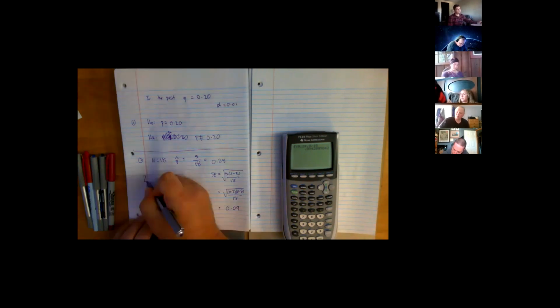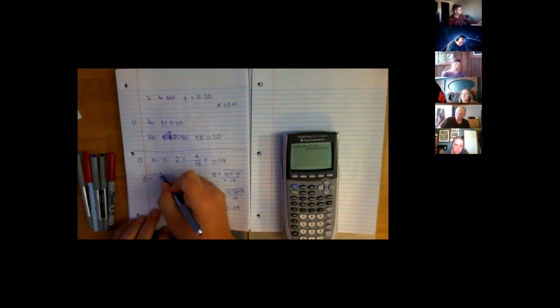And so my z-score, p hat take away p naught over the standard error, is 28 take away 20, divided by 0.09. And that comes out to be 0.08 divided by 0.09. And the answer I got was 0.89.